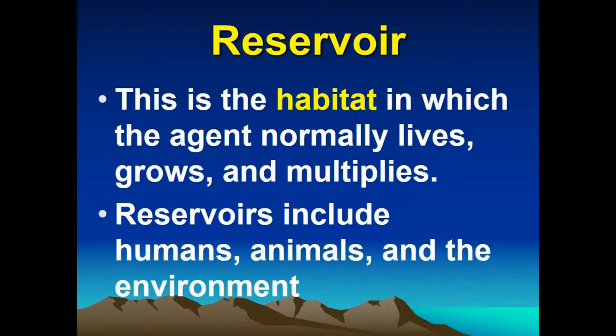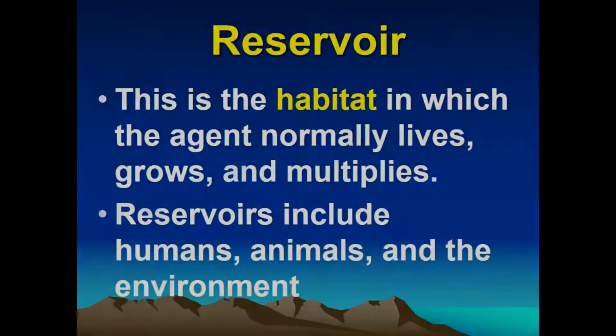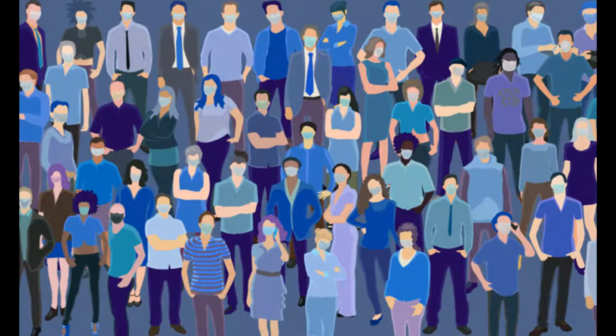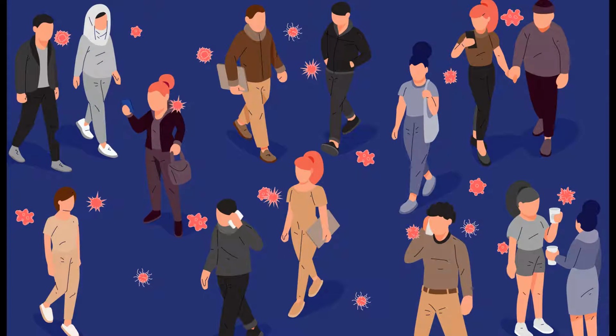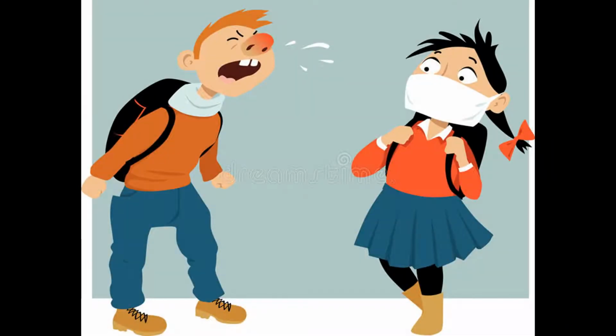Now, as I have mentioned a while ago, yung reservoir pwedeng humans. Tinatawag natin na human reservoir. So, ano po yung human reservoir? Pag yung disease is transmitted from person to person. There are many modes.